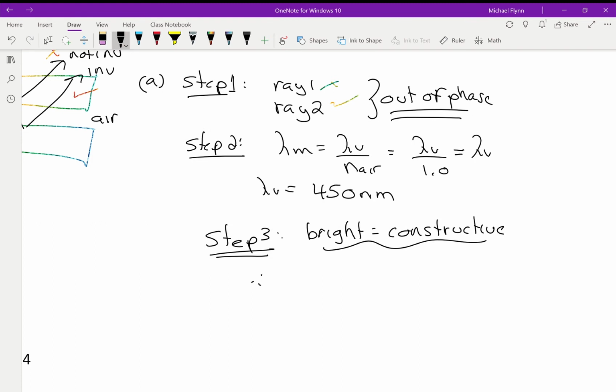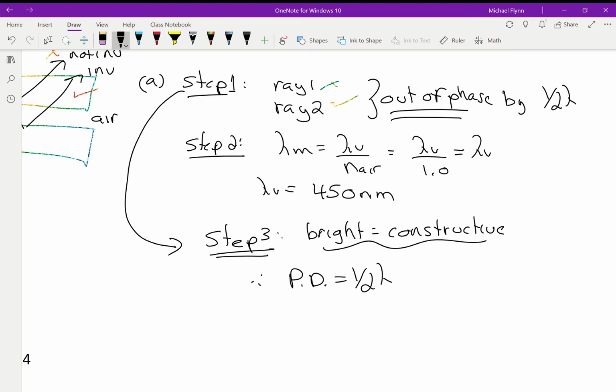Our first case of constructive interference is when the path difference equals 1/2 of a wavelength. How do I know that? I know that because of step 1. Because the waves are out of phase, I have to put them back. They're out of phase by 1/2 of a wavelength.